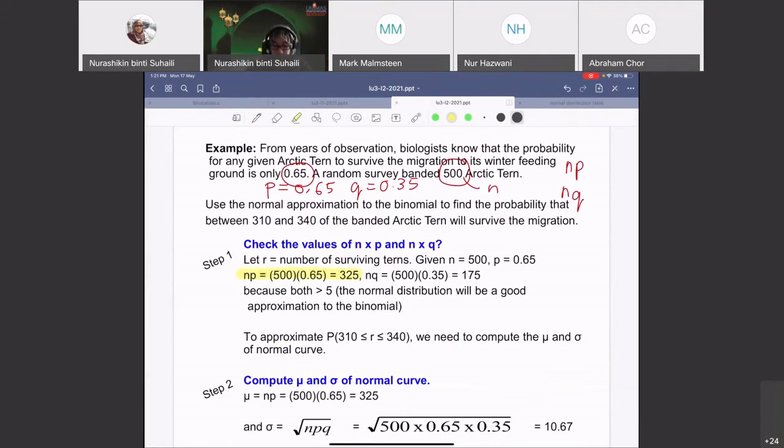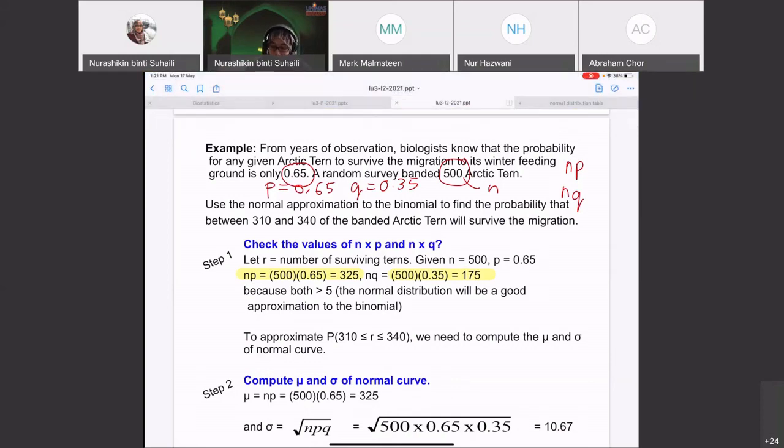It is more than 5, isn't it? Then we check the second condition, nq. q is 0.35 multiplied by 500, which gives 175, also more than 5. So both conditions are met, which means we can use the normal distribution.